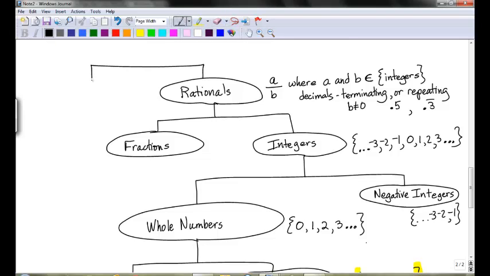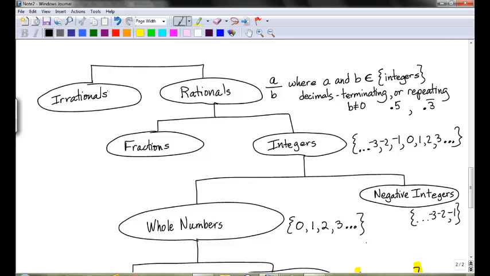Then if we add another set to the rationals, the irrationals, and you worked with these in Algebra 1 and Algebra 2 when you did the square roots. I'm not going to write down the whole definition, but basically they cannot be put in this form.